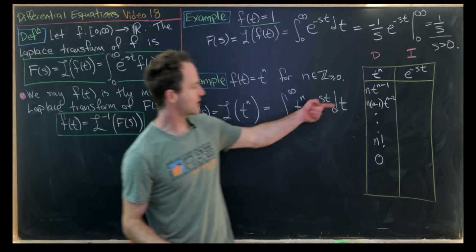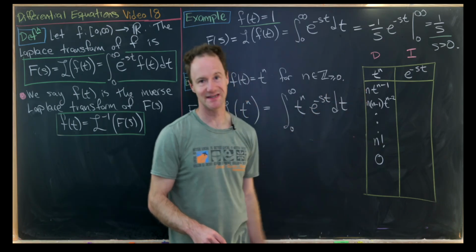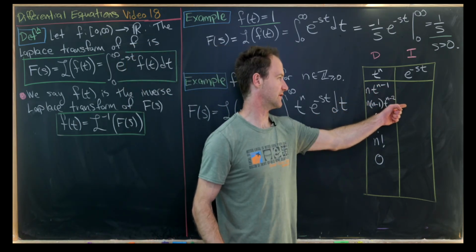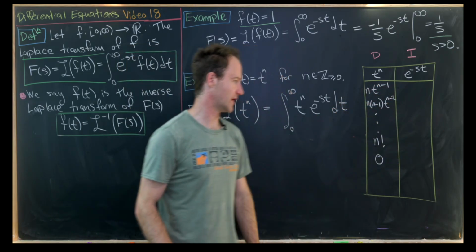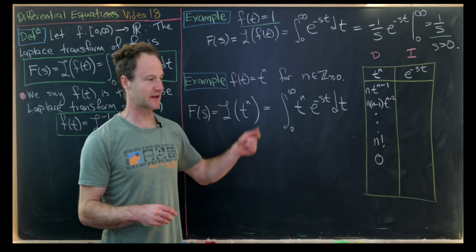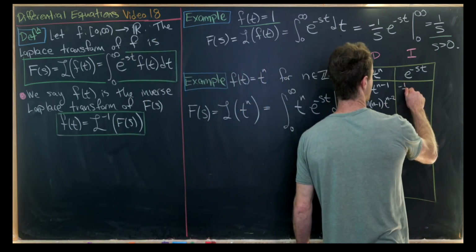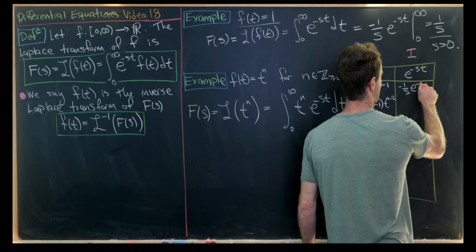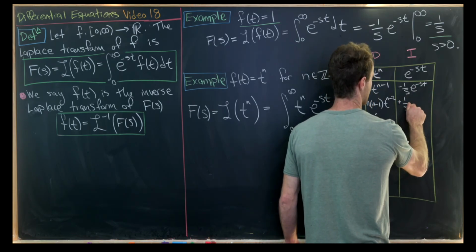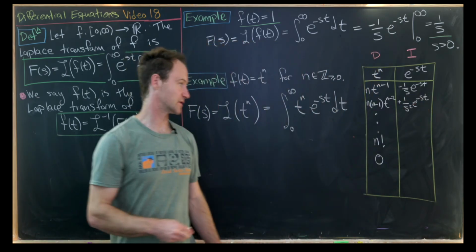Just to reiterate, this is the first derivative, the second derivative, all the way down to the nth derivative. That means here we need the first antiderivative, the second antiderivative, all the way down to really the n plus first antiderivative, given that we're going to match on the diagonal. The first antiderivative will be minus 1 over s e to the minus st. The second will be positive 1 over s squared e to the minus st, because the two minus signs will cancel.